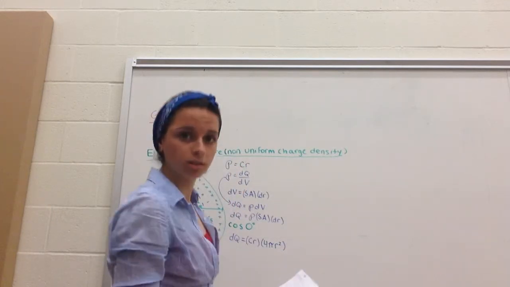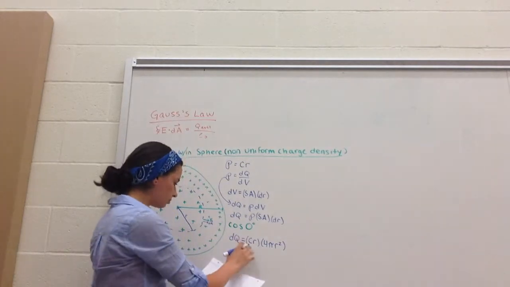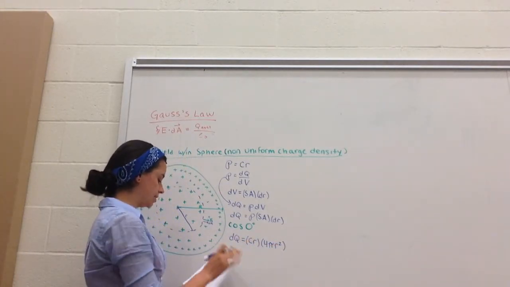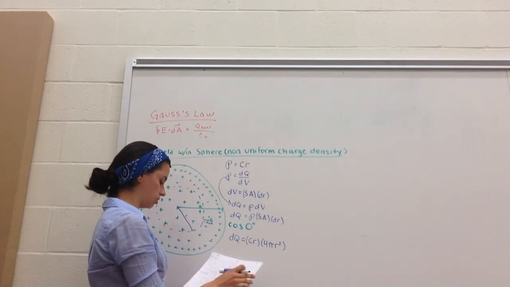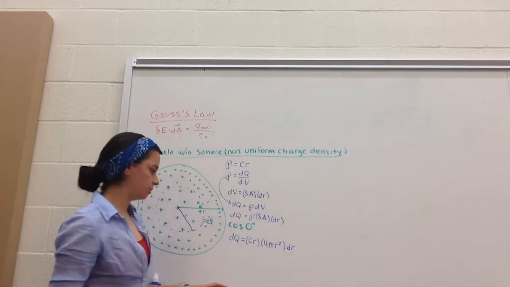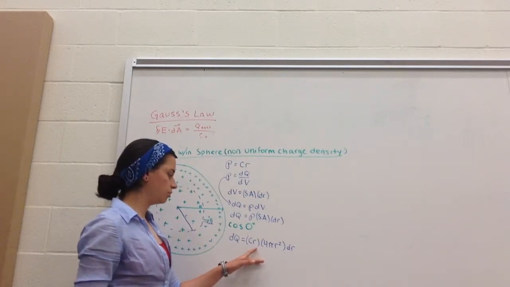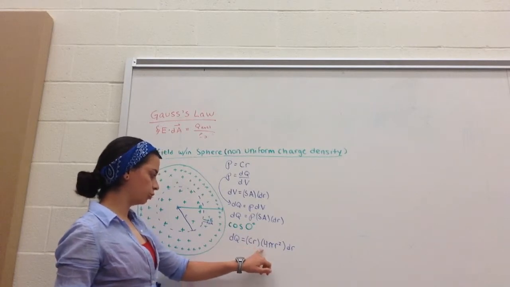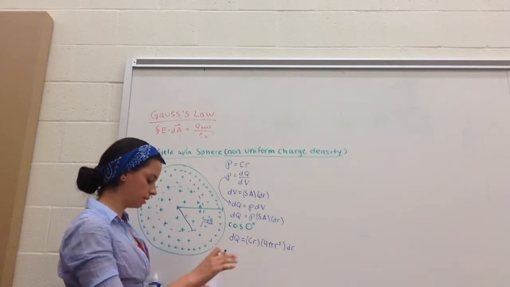Okay, so the surface area is 4 pi r squared, and then dr is just dr. And this is good. This is the form that we need it in because the only variables we have are r's. C is a constant, and 4 pi is also a constant, so that's good.